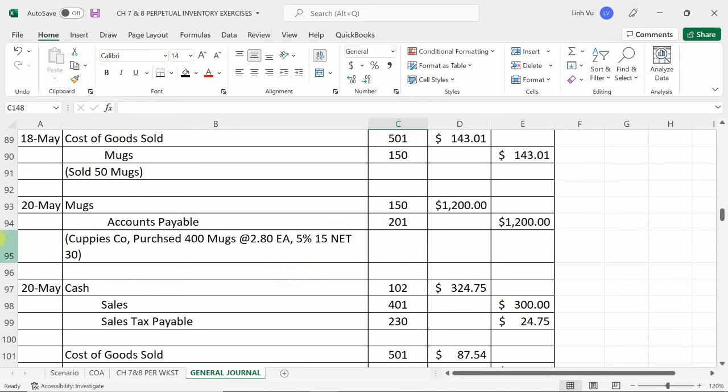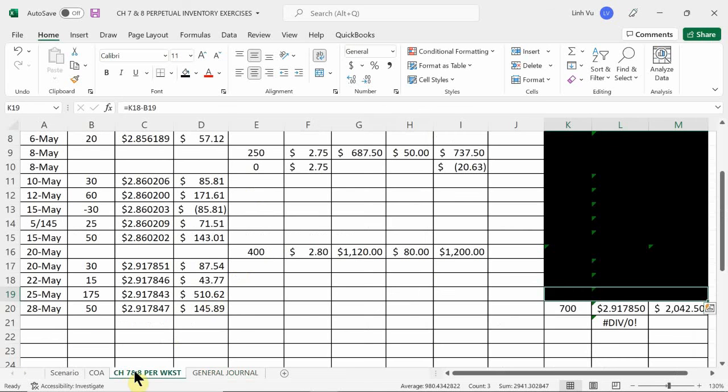Yes. So let's go back to the inventory worksheet real quick. I purchased the 400 mugs at $2.80, and excuse me, $80 was actually the freight. So which amount am I actually going to be discounting? The 1,120. So what is 5% of 1,120?